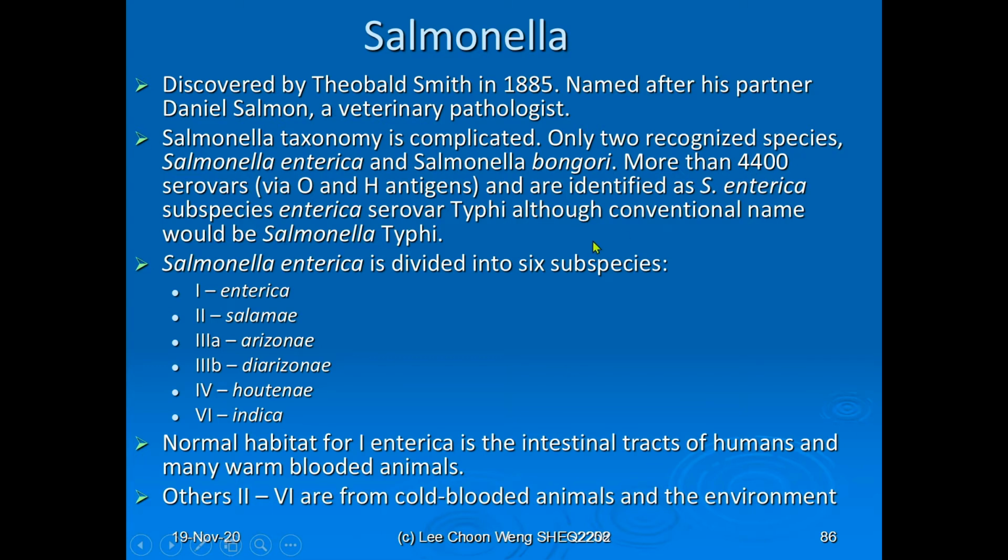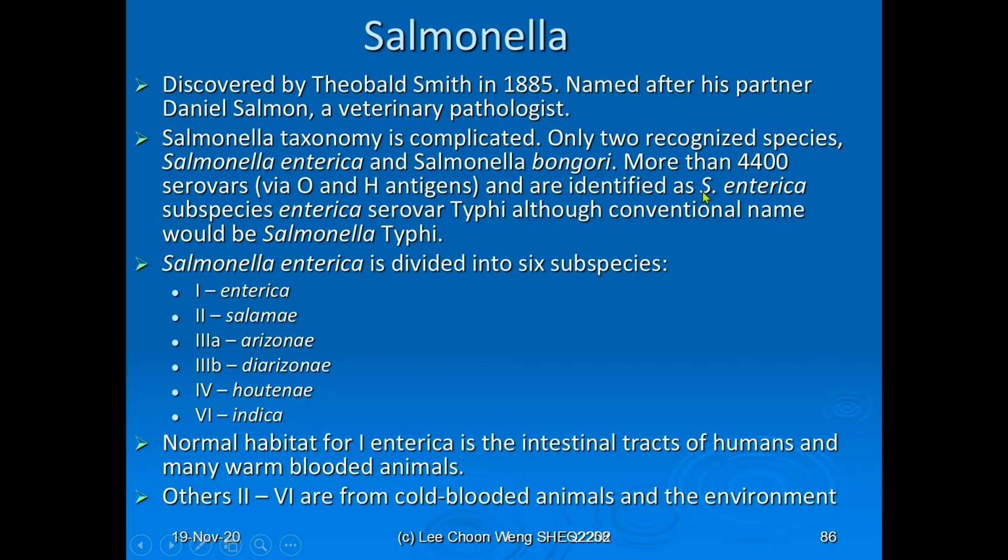task to identify Salmonella. Now we only recognize two species in Salmonella, Salmonella enterica and Salmonella bongori. At present there are more than 4,400 serovars in this genus.